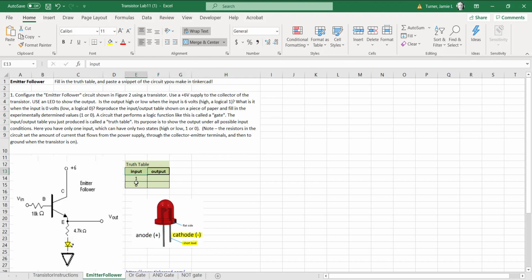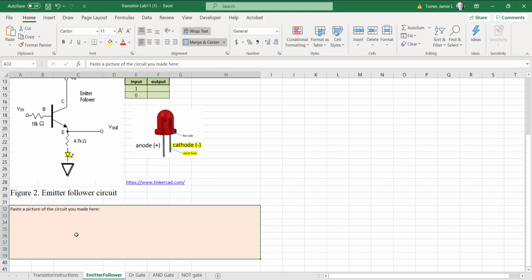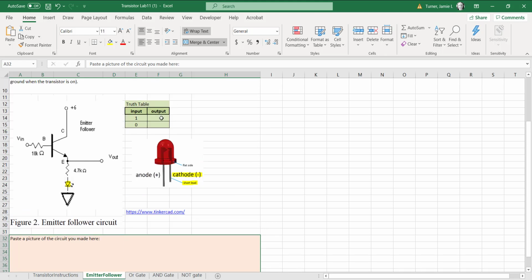So the input is what is coming into the base, and the output is represented by this LED here. So let's go ahead and wire this together in Tinkercad and then fill in this truth table. And we're then going to take a picture of what you made in Tinkercad and paste it in here too. So that's all you have to do: fill in the truth table and put the circuit in here.